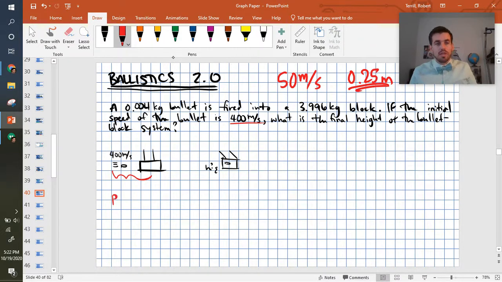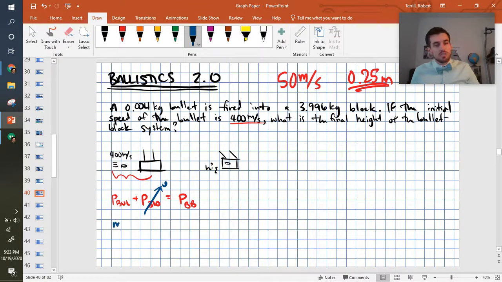We have the momentum of the bullet, that's momentum bullet, plus momentum block. And then at the end, the bullet is going to be stuck inside of the block. So we're going to call that the momentum of the BB system, the bullet block system. Calculating this, the block is starting at rest, so it has no momentum.